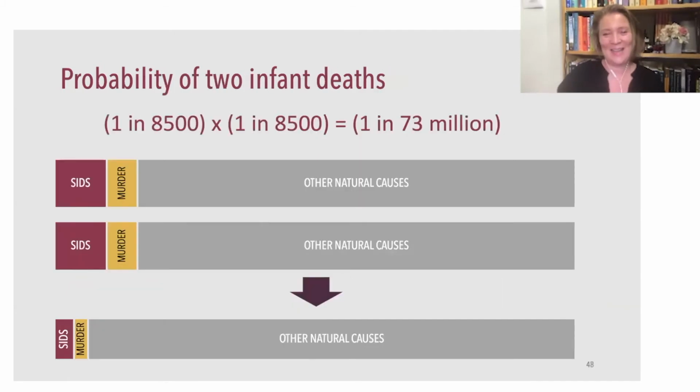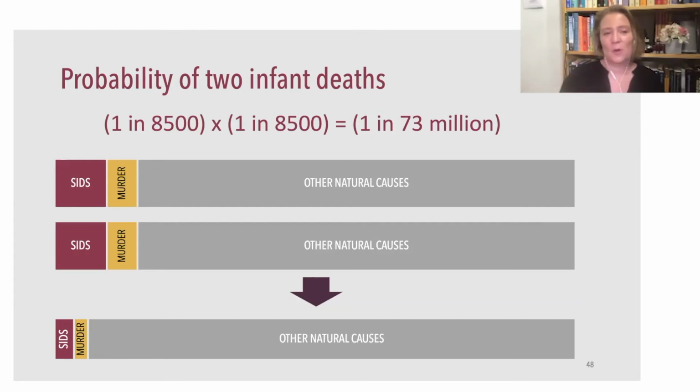is 1 in 8,500. Then that mathematician said the probability of 2 infant deaths is the probability of one of those events multiplied by the probability of one of those events, because there were 2. So the probability of 2 is the probability of 1 times the probability of 1.